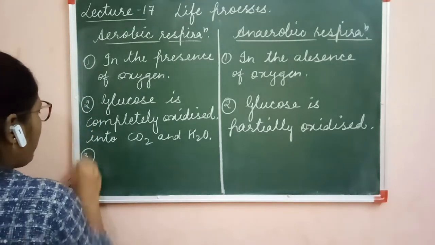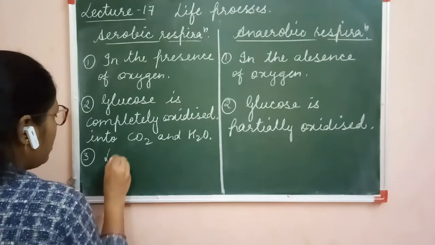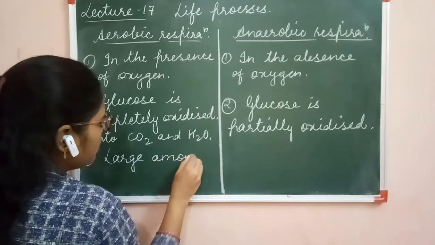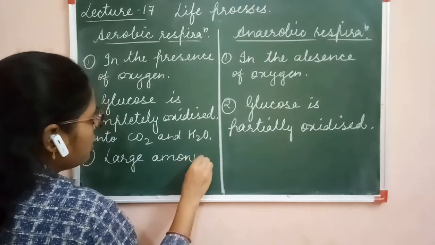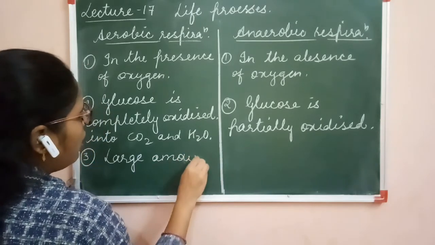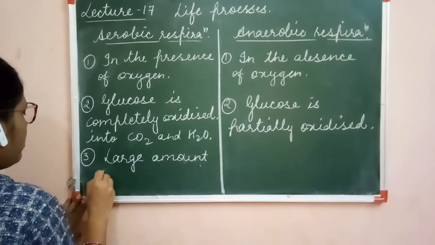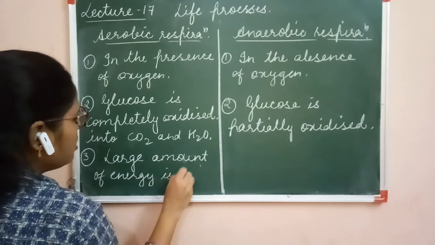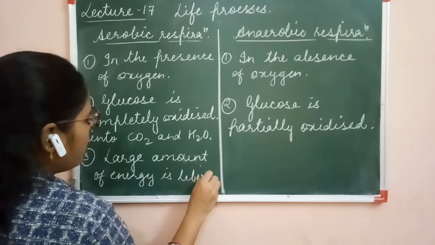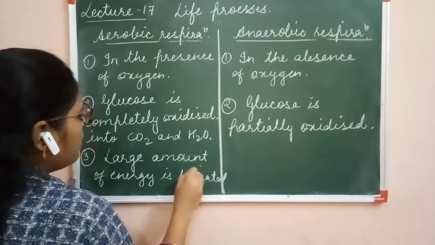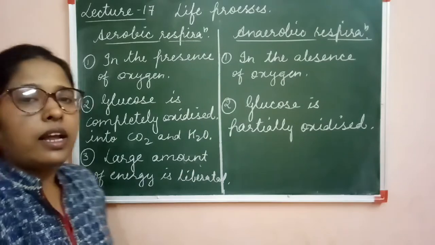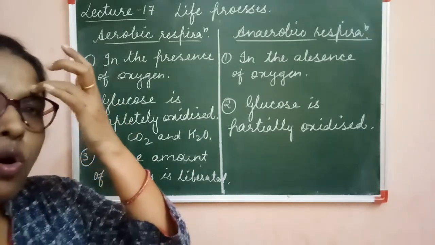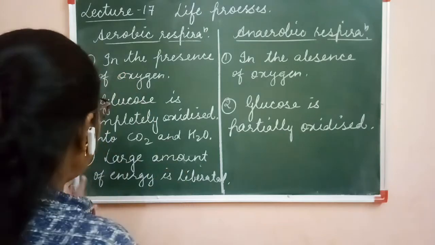In case of aerobic respiration, a large amount of energy is liberated, that is about 38 ATP during the oxidation of one glucose molecule.